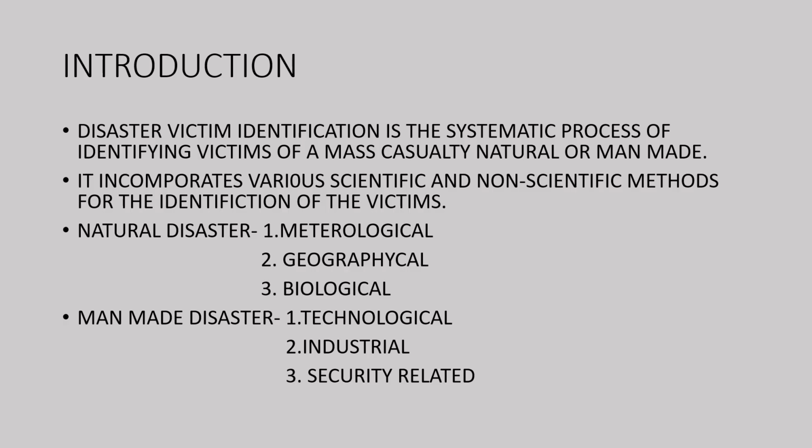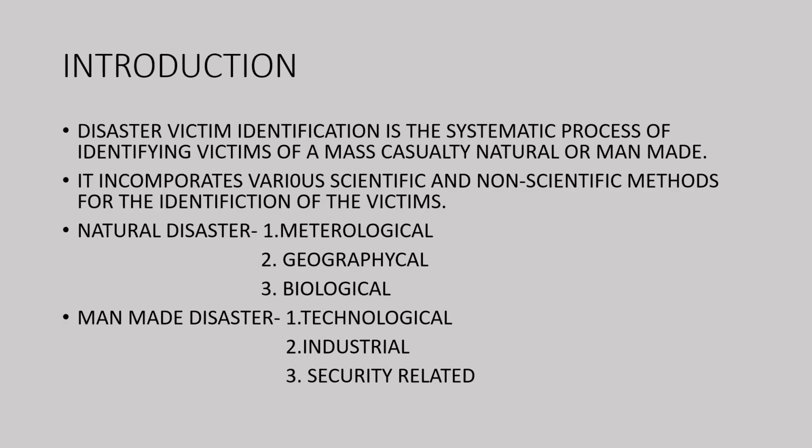A disaster is any natural or man-made phenomenon that causes damage to people and also to our environment. And who are victims? Victims are the persons who get affected by the disaster or any other kind of harm, which may be by any natural event or by man-made events.